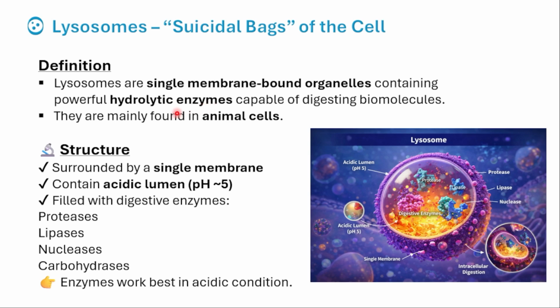In neutral conditions, these enzymes are inactivated, so they are very active inside the lysosome. When those digestive enzymes are outside the lysosome, they are just inactive. Which kinds of digestive enzymes are there inside the lysosome? There are proteases, lipases, nucleases, carbohydrases.